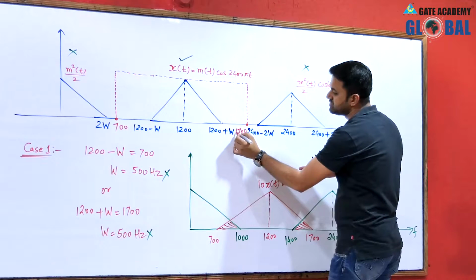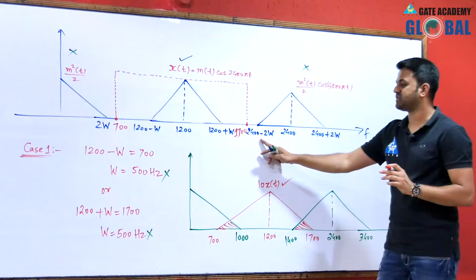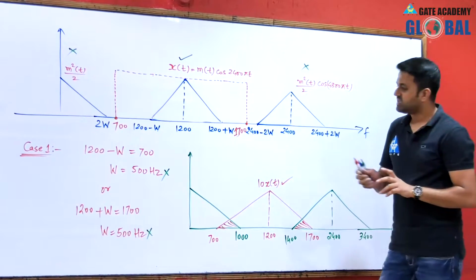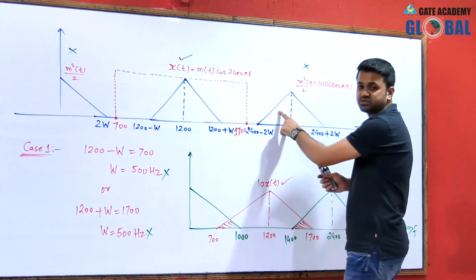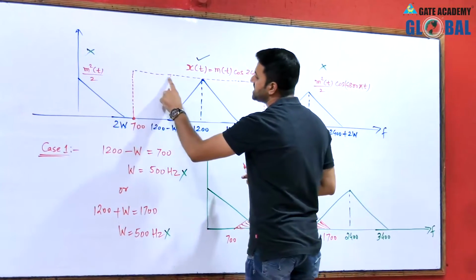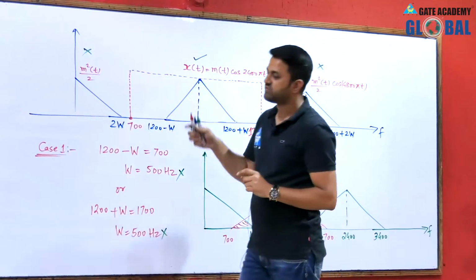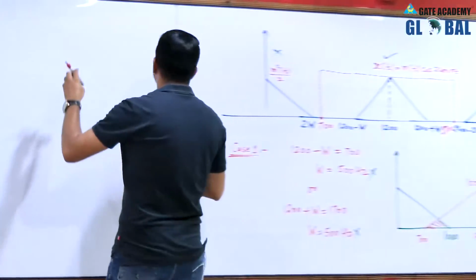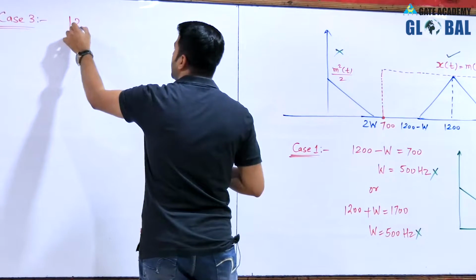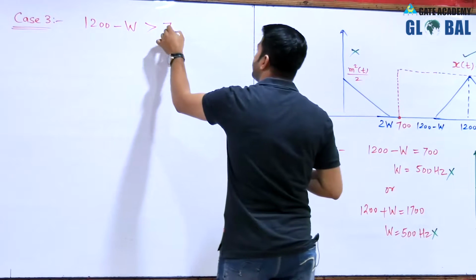This value 1700 should be less than 2400 minus 2W. Then this spectrum is also suppressed and this spectrum is also suppressed, and we get only the x of t term, only this x of t term. That means we are saying that 1200 minus W should be greater than 700.